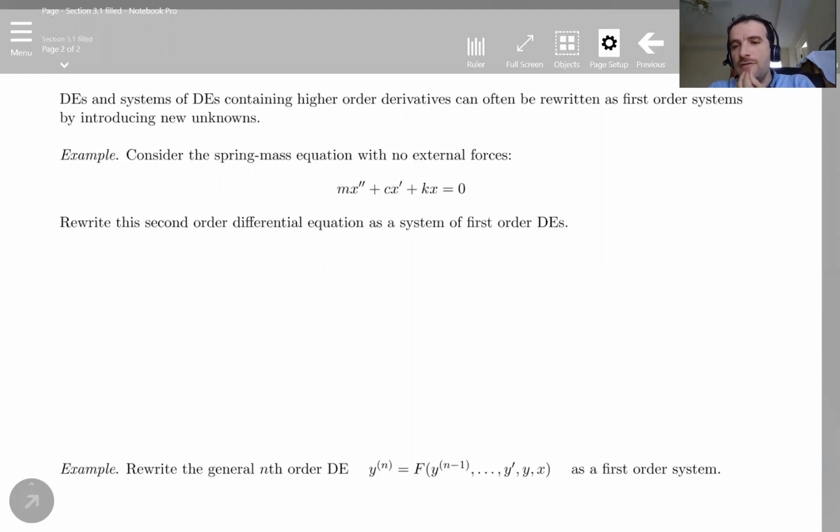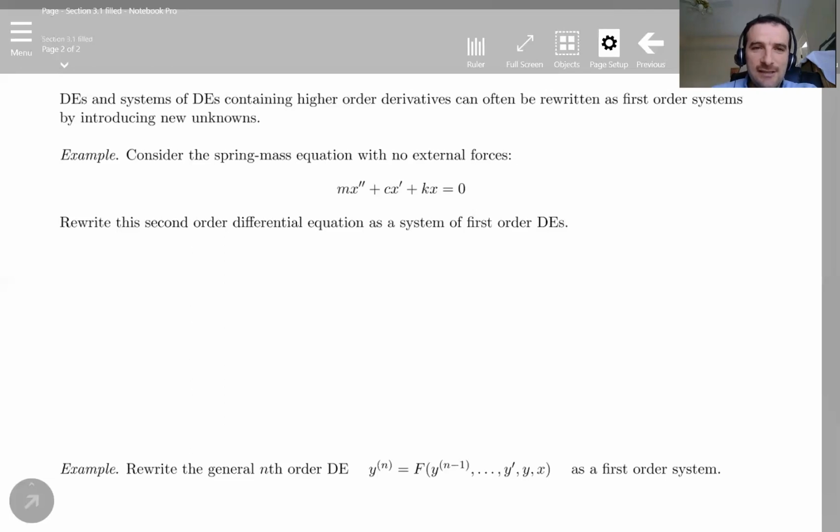So if we have a third order differential equation, we can rewrite it using 3 first order differential equations. Instead of working on that third order differential equation itself, we can work on the 3 first order differential equations, and it is easier to solve them. In these examples, we are going to talk about that fact.